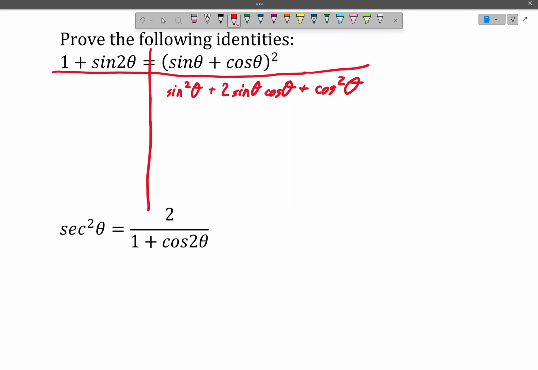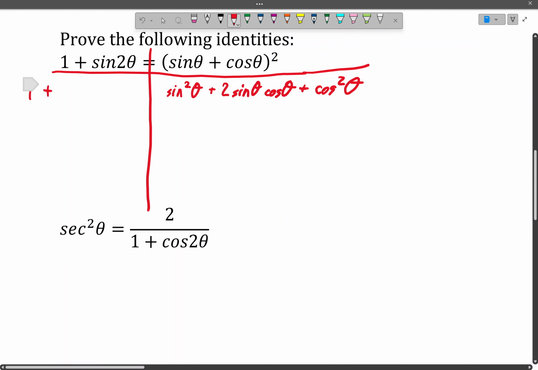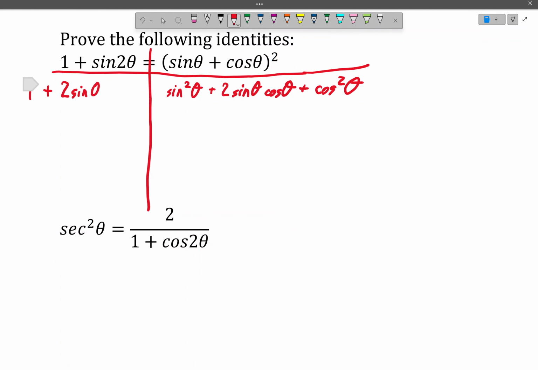You can FOIL it out and show the work a little bit more carefully, or you can just do what I did if you're comfortable with it. This is 1 plus, and then this is a double angle sine. So this is 2 sine theta cos theta. Okay, so we've done one step on each, but we're not quite done yet.